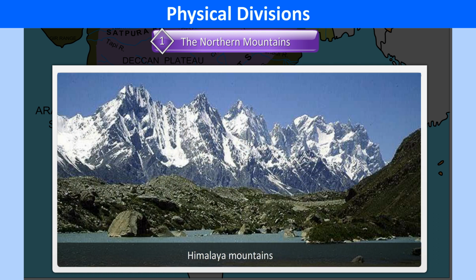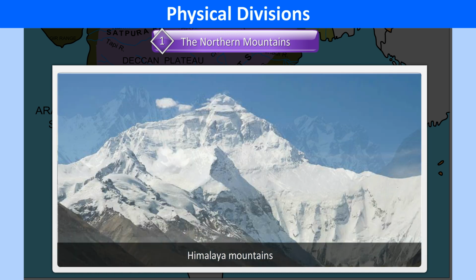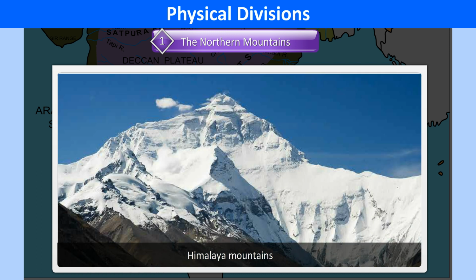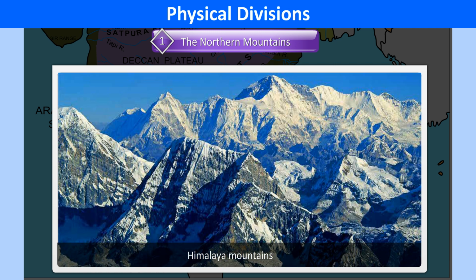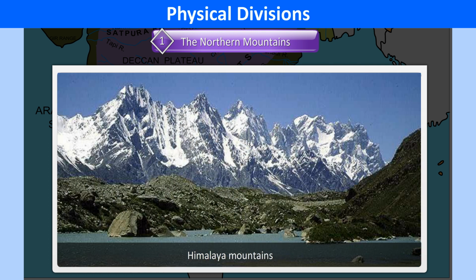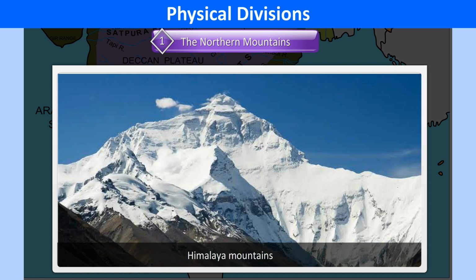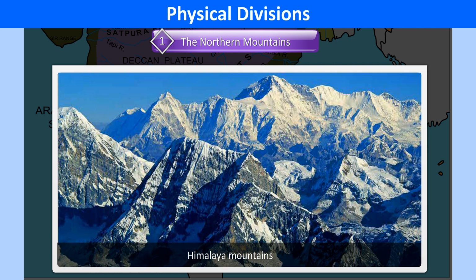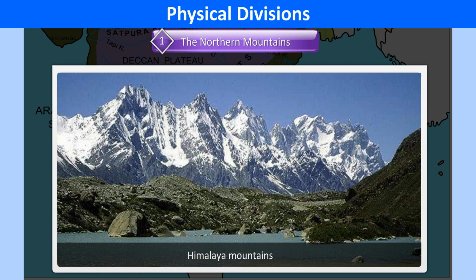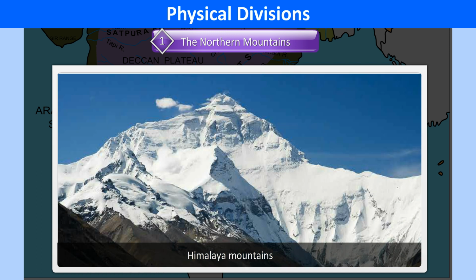The Greater Himalayas, also called Himadri, are the highest mountains with an average height of above 4,877 meters. The highest peaks are found in this range: Mount Everest, 8,850 meters on the Nepal-China border; Kanchenjunga, 8,586 meters on the Indo-Nepal border; and Nanda Devi, 7,820 meters in Uttarakhand.